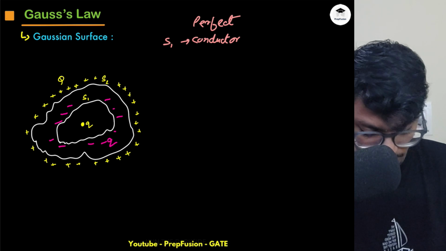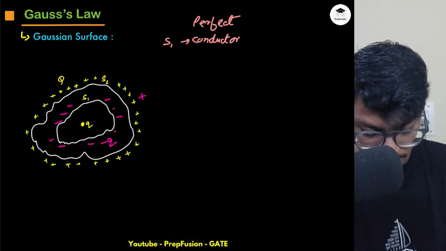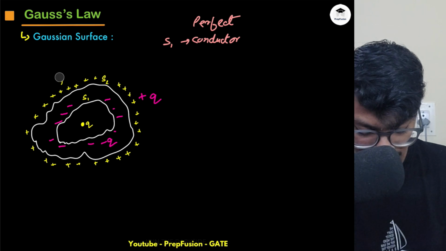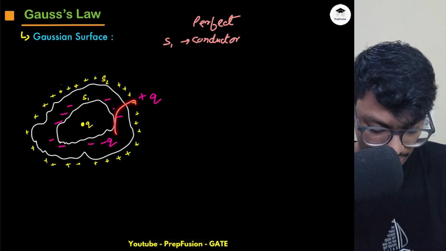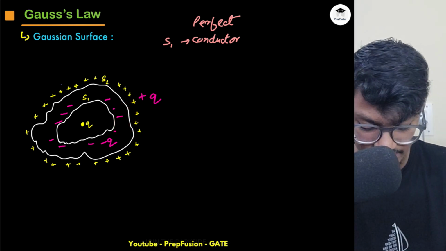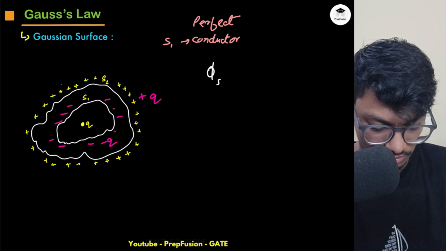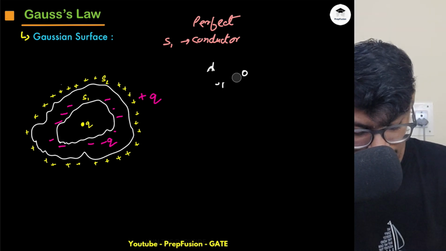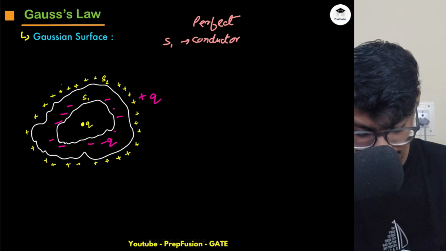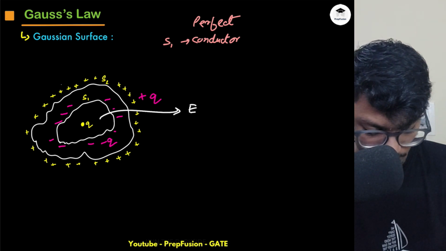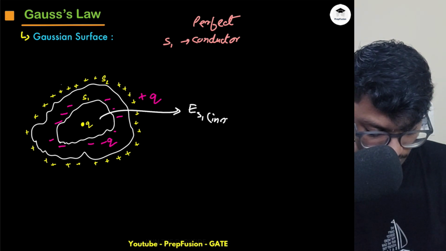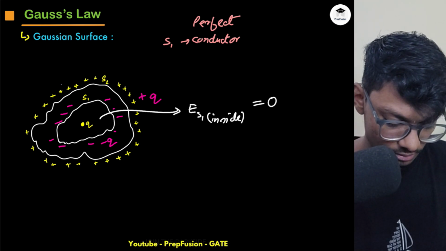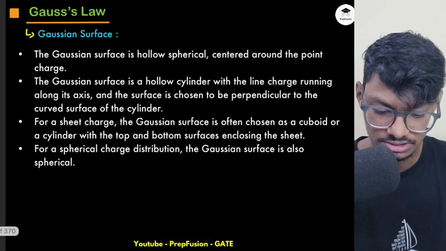And this will again generate plus q. So overall the arrangement will be something like this. The flux in the S2 surface will not be 0. Flux in S1 surface will obviously be 0, because the electric field inside S1 is equal to 0.